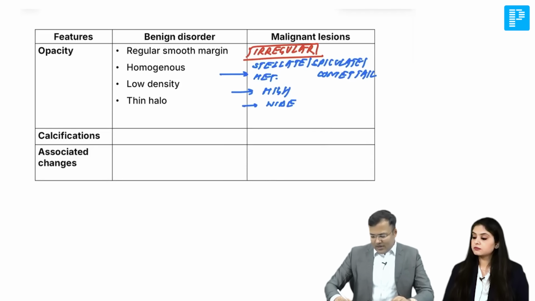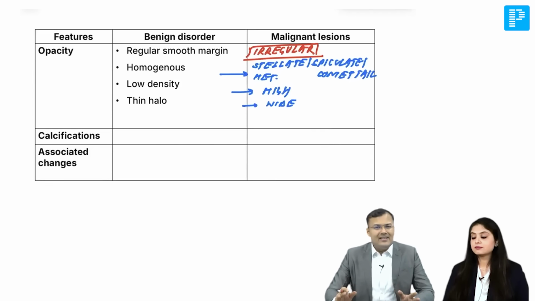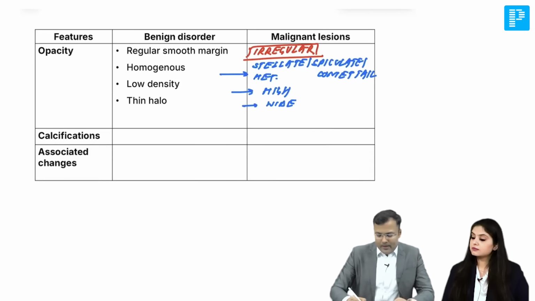Calcification, you know, what kind of calcification is seen in benign conditions? Macrocalcification, and guys, you have to tell me the size. Macrocalcification size is more than 0.5 mm and microcalcification less than 0.5 mm. Clear? There are associated changes in malignancy only.